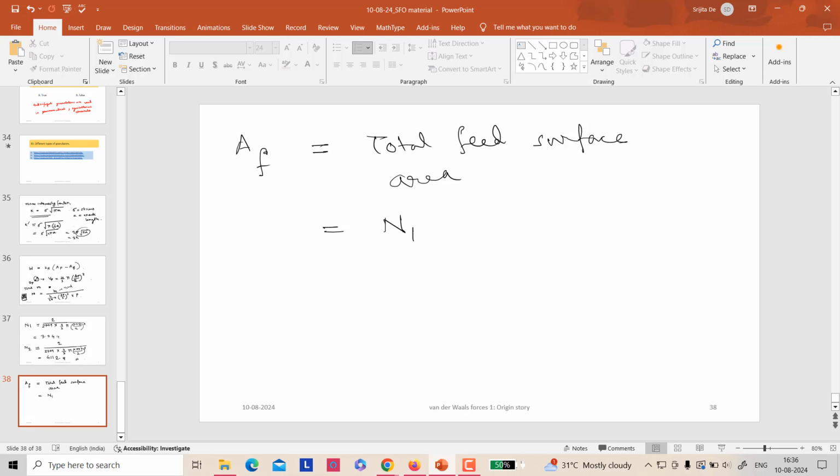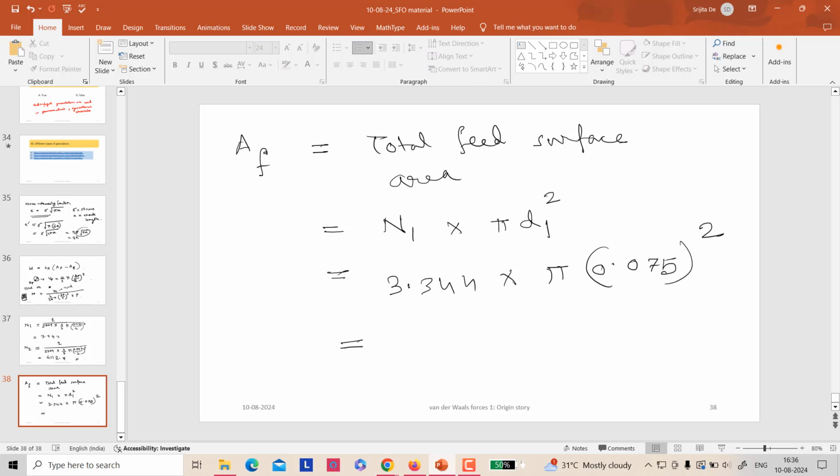N1 is the number of particles, and similarly the single surface area of the particle. So N1 is 3.344 and the single feed particle size is 0.075 whole square, right? So now calculate what it is.